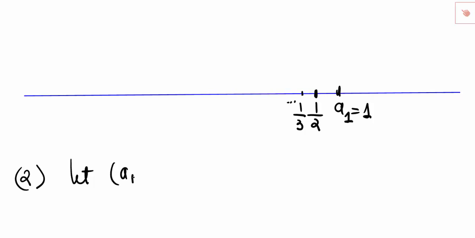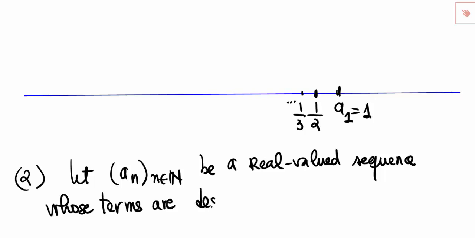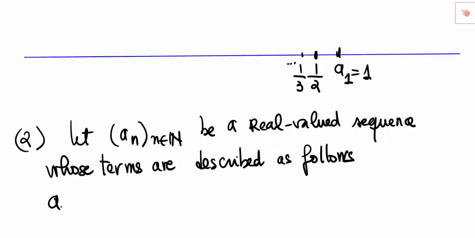Let a n be a real valued sequence whose terms are described as follows. a n is 2n plus 1.